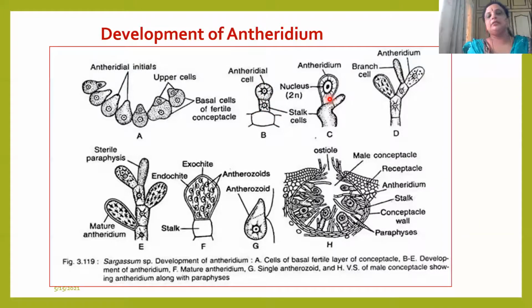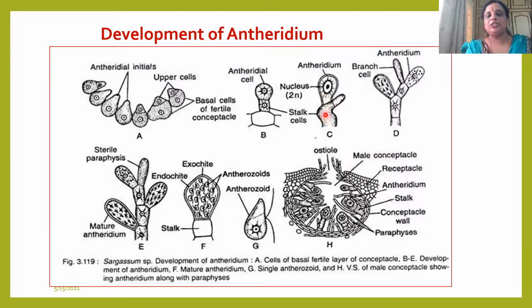Again, this Sargassum is diploid. Hence, the nucleus undergoes one meiotic division followed by several mitotic divisions, so that 64 nuclei are formed in each antheridium.